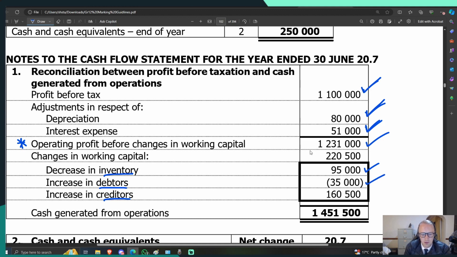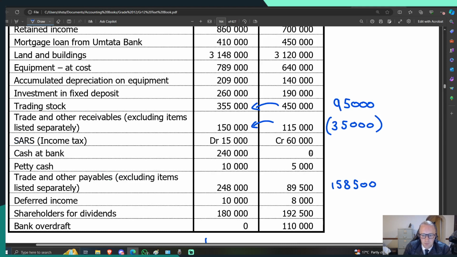Now let's look at our increase or decrease in trade and other payables. They've got it here as creditors, but we should say trade and other payables. So let's go straight to our trade and other payables line and see the difference. From 89,500 to 248,000 is a change of 158,500.